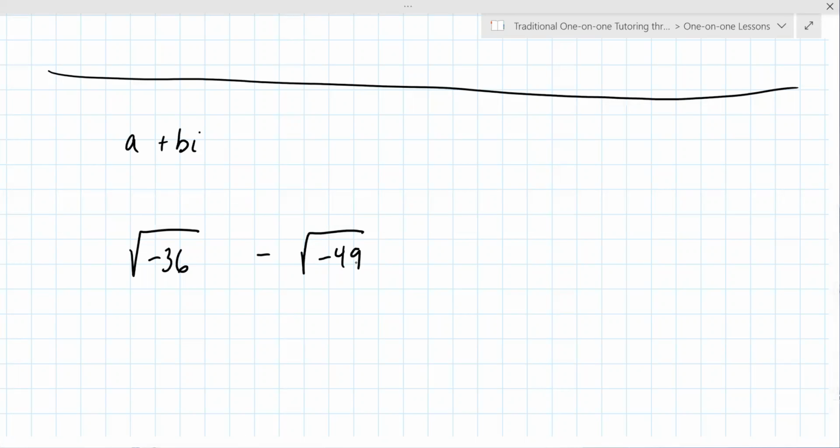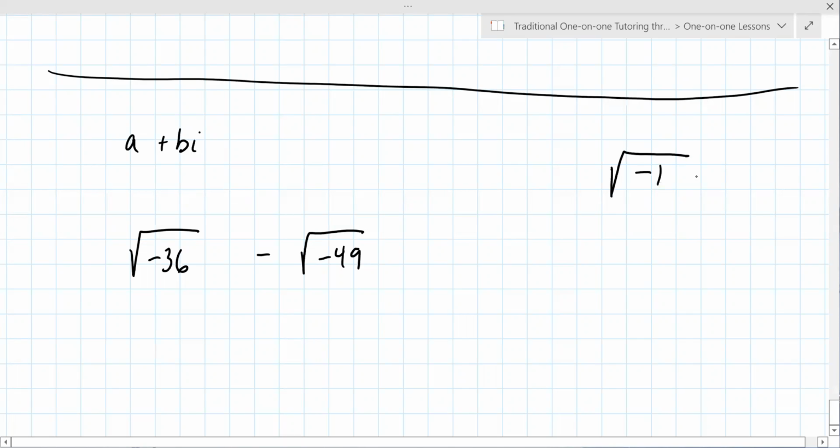I think so. It'd be -6. So be careful. The square root of -1 is i. So let's just say it was the square root of -4. This is the square root of -1 times the square root of 4. The square root of 4 is 2, so this becomes 2i.